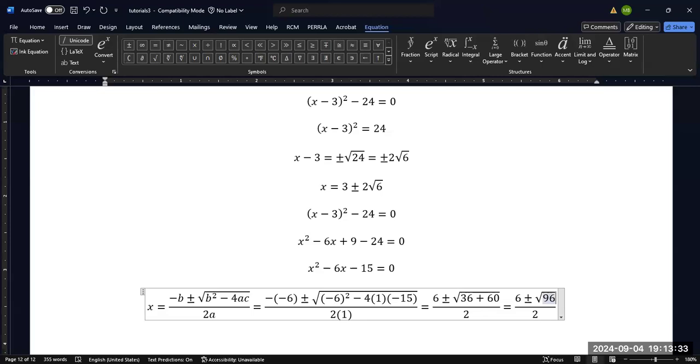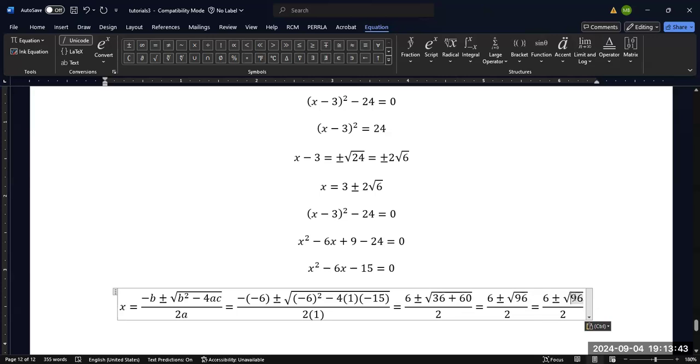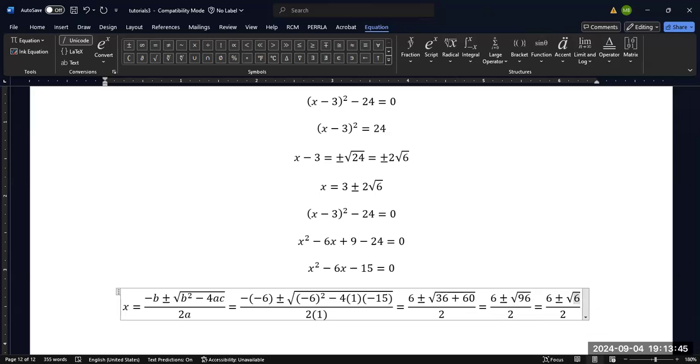So I can take the square root of 16 and pull that out as 4, because the square root of 16 is 4, and then leave a 6 behind. So 4 comes out, 6 stays behind. And then remember, I have to divide both of these terms by 2.